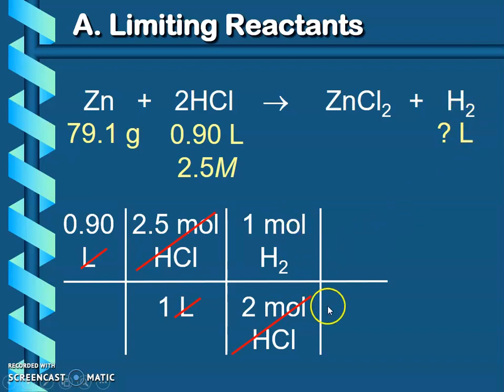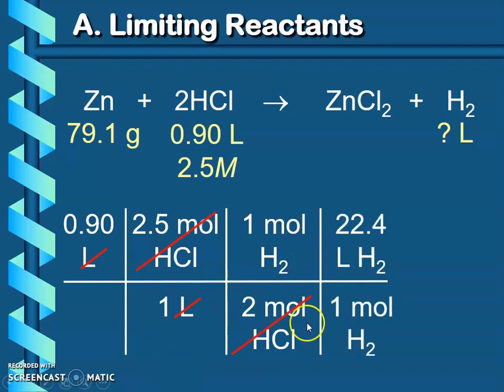So I'm going to convert from moles to liters using that new gas constant, 22.4 again. Moles on top, so the moles have to go on the bottom here so they can cancel off. Now I'm left with liters of hydrogen. Multiply across the top, divide by the bottom. We will get 25 liters of hydrogen.